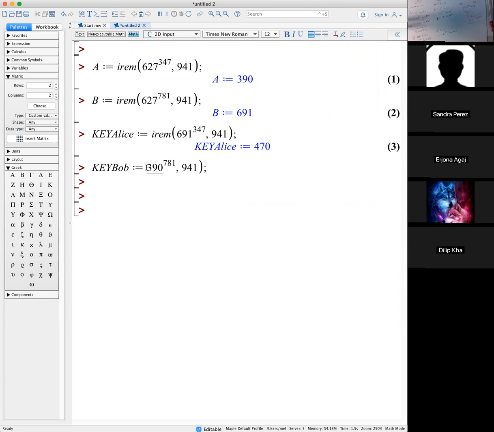So this is the integer remainder when you take A to the power b, the capital A, which was 390, raised to Bob's secret number, 781. What do you know? You look, 470, 470. They are the same. So both Alice and Bob now share the secret knowledge, the secret key 470.